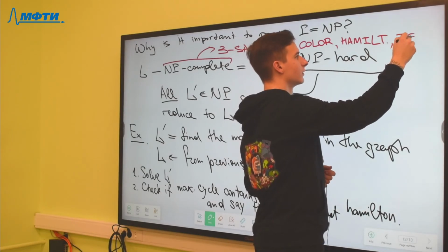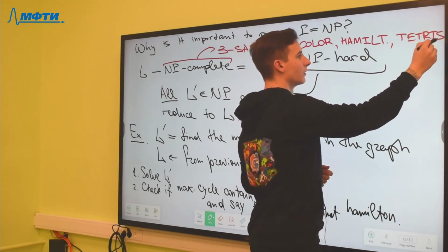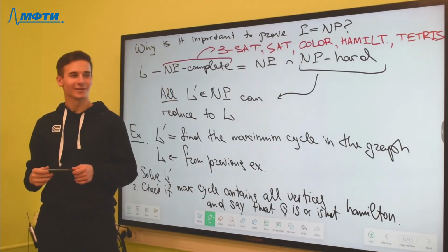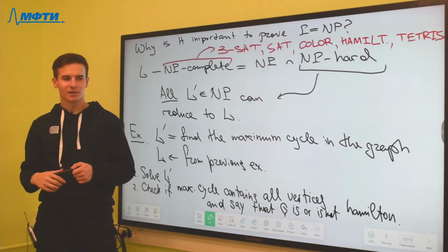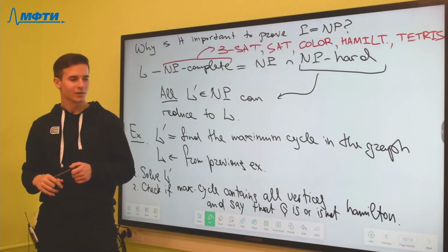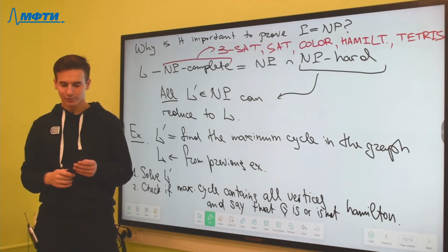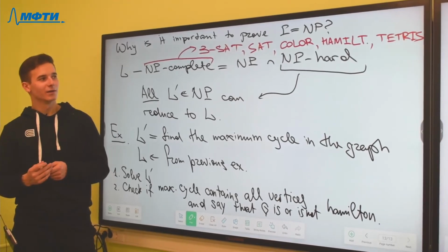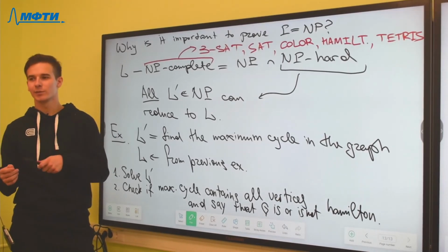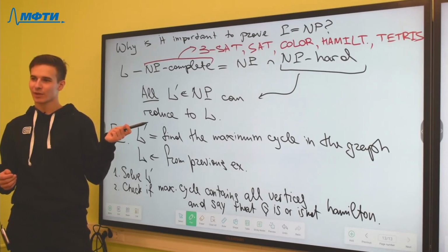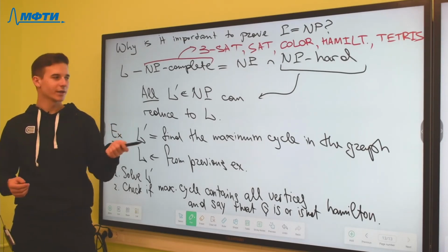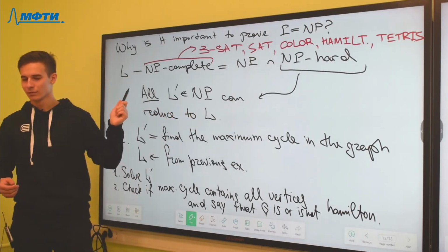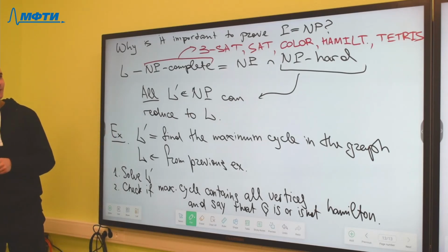And for example, as for games, Tetris is also NP-complete. It's interesting that some games are very hard to solve in the general case too. For example, Tetris. Yeah, and if we find a polynomial solution for Tetris, we can find a polynomial solution for every NP task. It's interesting, yeah.